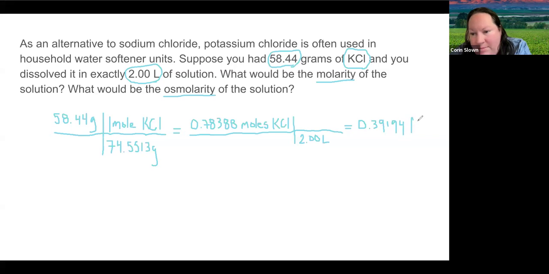And this is a capital M for molarity. Now, if we're thinking about sig figs here, our answer should be 3 sig figs. So we could either give that as 0.392 molar, or we could write it as the scientific notation.